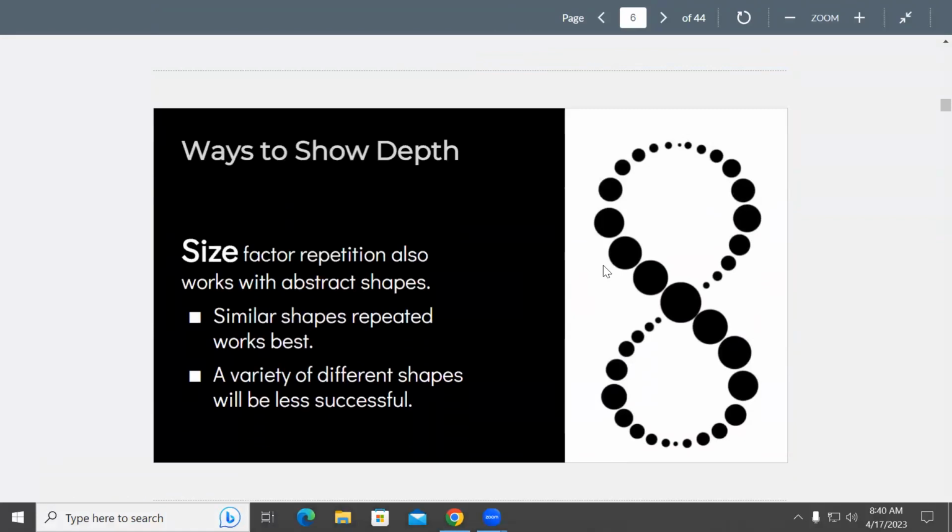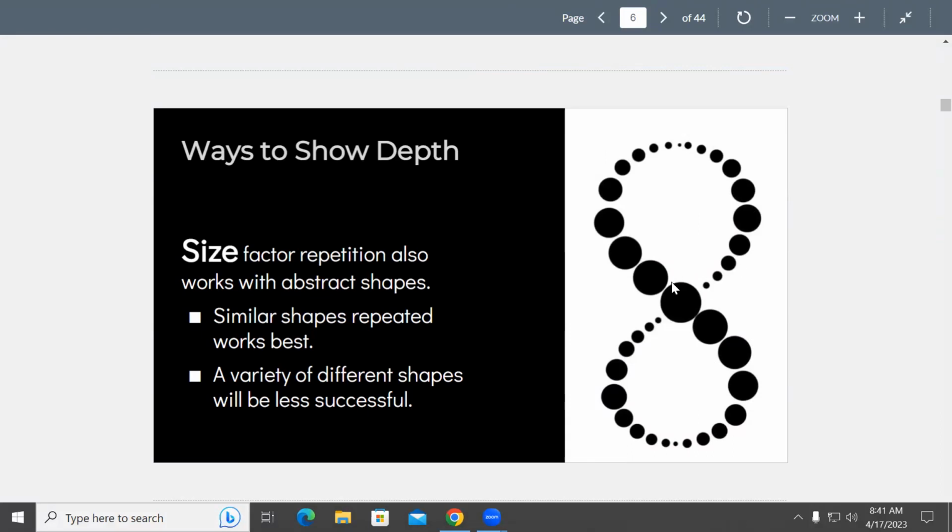This manipulation of sizes can be done for figures, shapes, and also the 3D objects that you find. See here also, this is what I said, the repetition of circles.